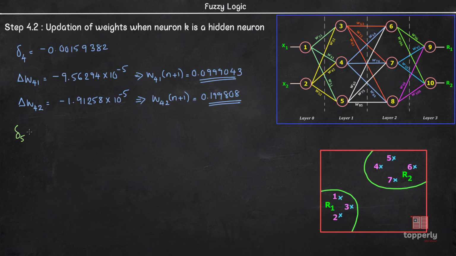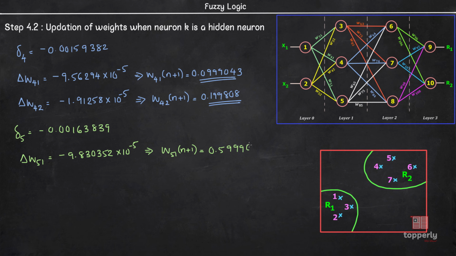Next, dou 5 is equal to minus 0.00163839. Therefore, delta W51 is equal to minus 9.830352 into 10 raised to minus 5, which implies W51 of n plus 1 equal to 0.59990169.